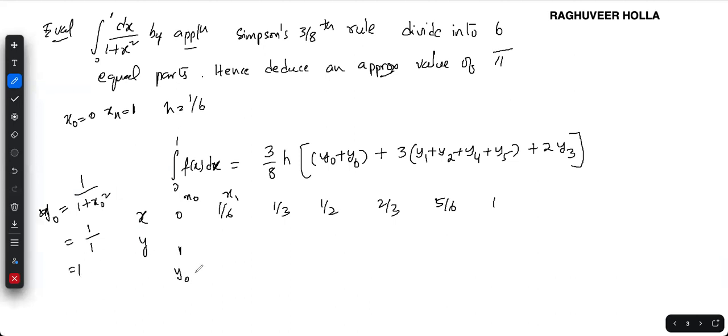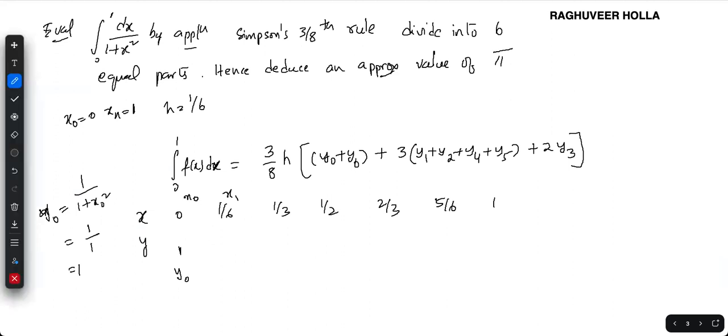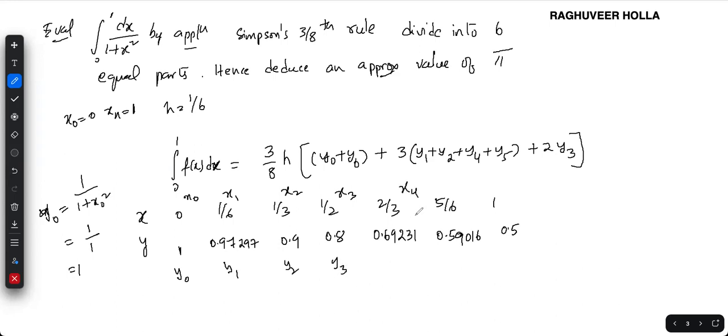You got 1. Please calculate the corresponding x1, y1, and so on. So corresponding to x1 you have y1, x2 you have y2, x3 you have y3, x4 you have y4, x5 you have y5, x6 you have y6.